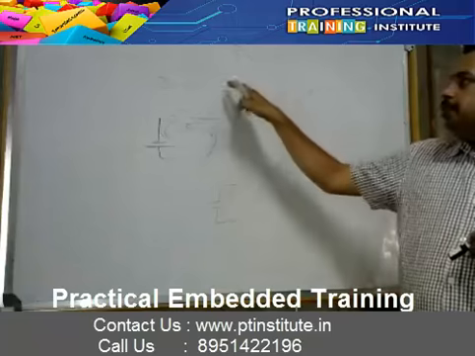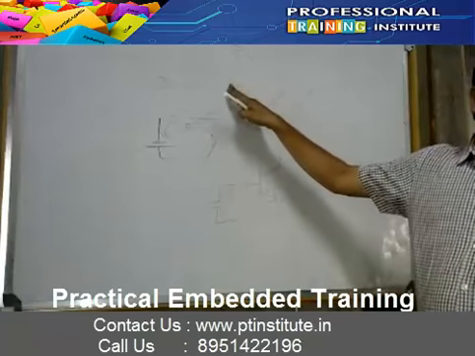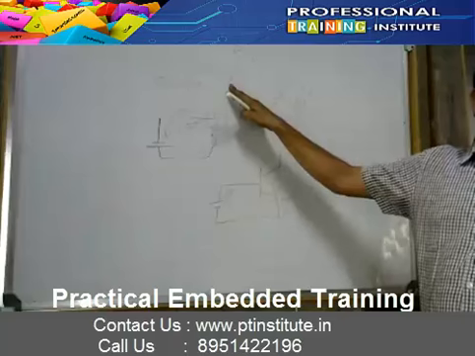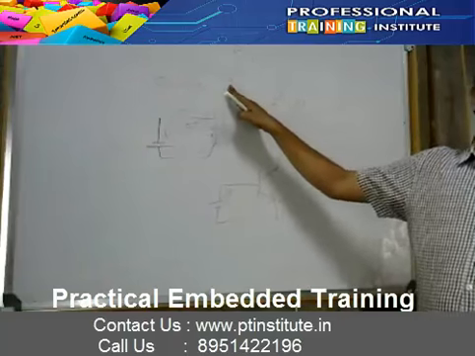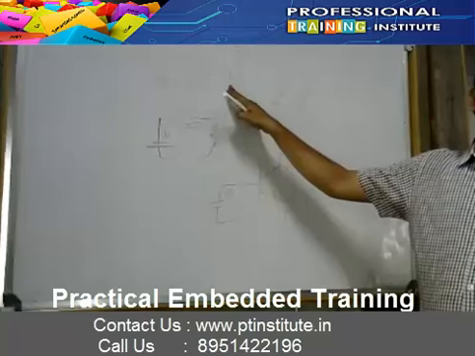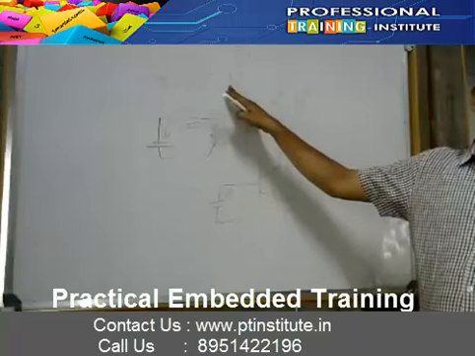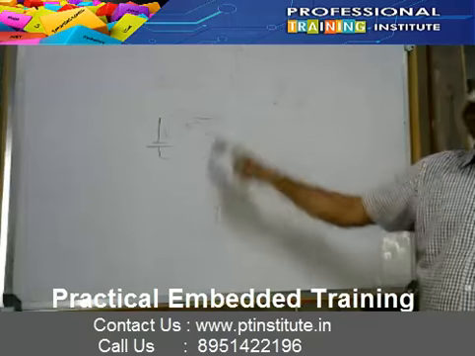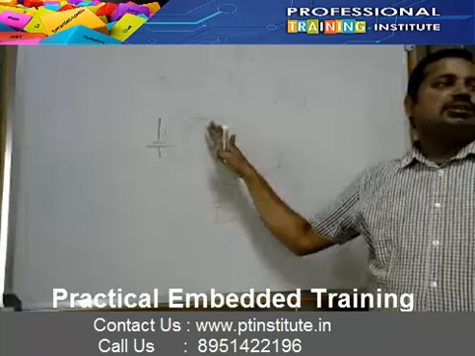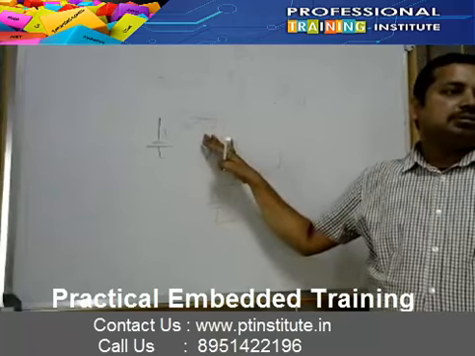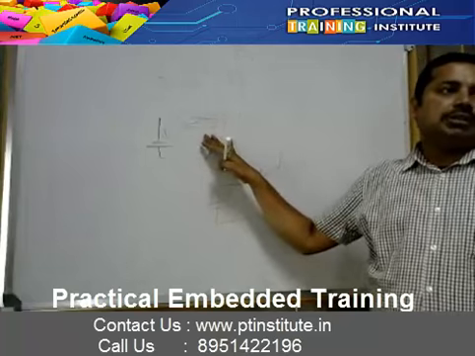When we give zero input, what will happen to this junction? Will it be forward bias or reverse bias or any other bias? If I give 0 volt here, what will happen to this junction? Open circuit.